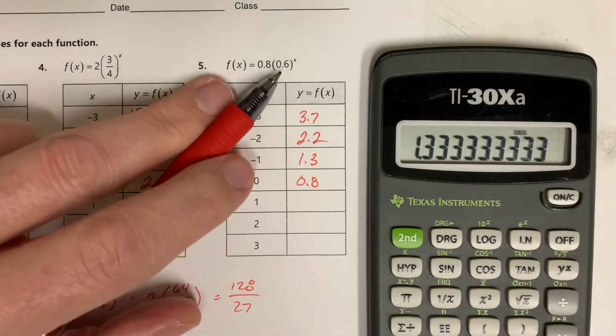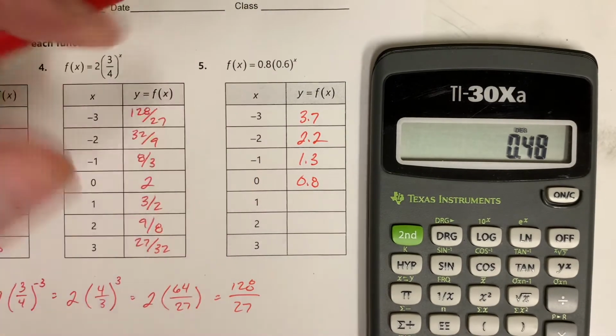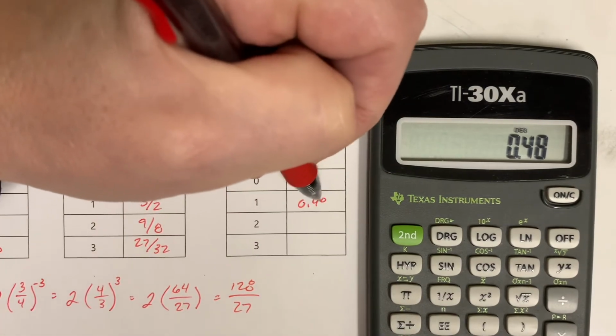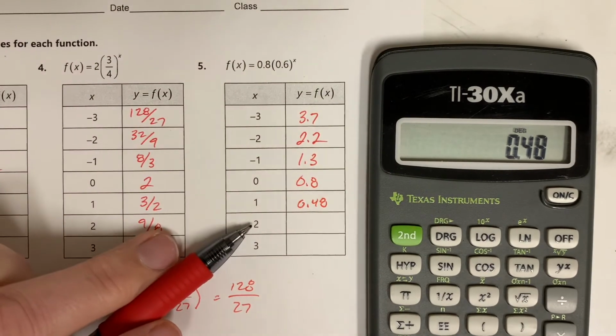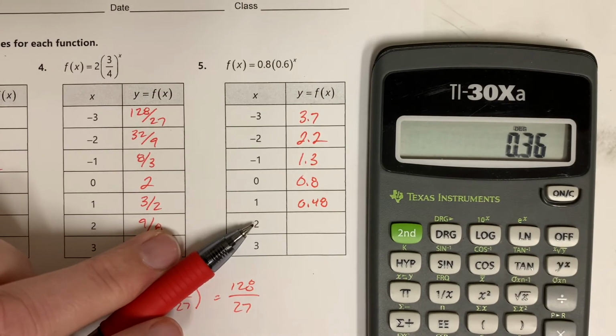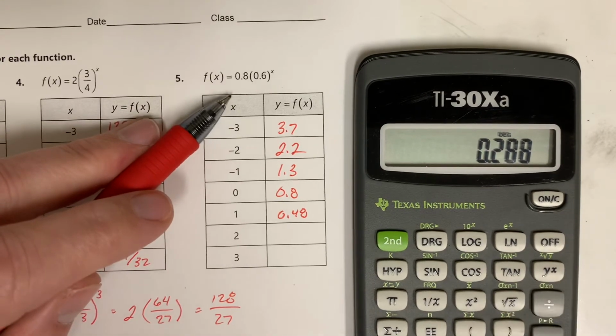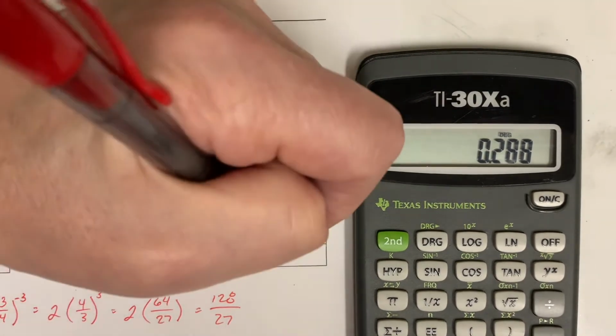First power would just be 0.6 times 0.8, and that's 0.48.